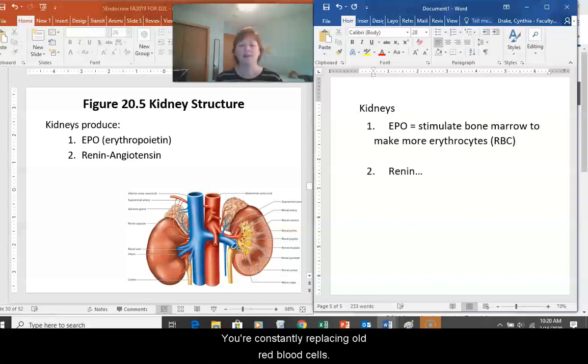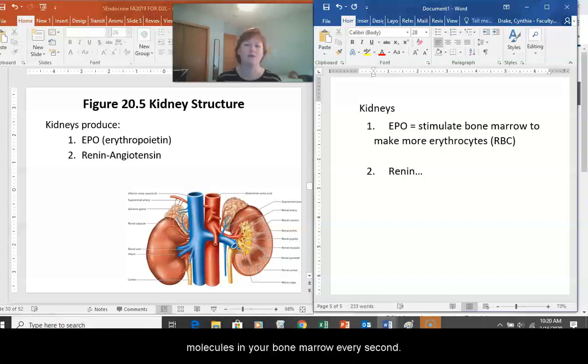You're constantly replacing old red blood cells. So you have red blood cells that are getting broken down and dying off on a pretty regular basis. And if you remember back when we talked about DNA, way back at the beginning of the semester, we watched a short video animation of DNA being read and producing proteins. And they talked about how you make literally trillions of hemoglobin protein molecules in your bone marrow every second.